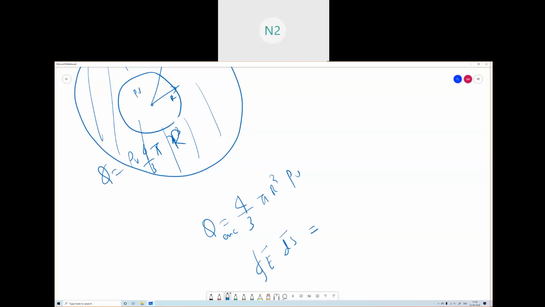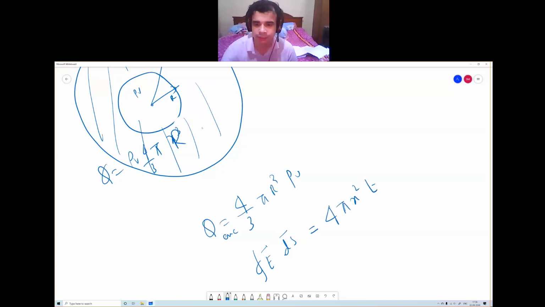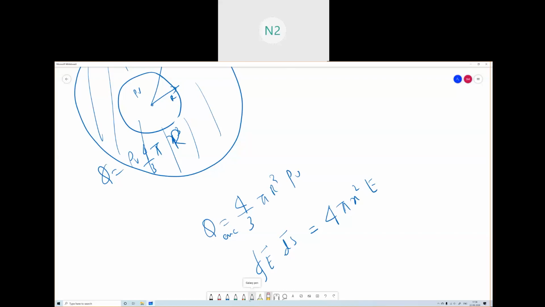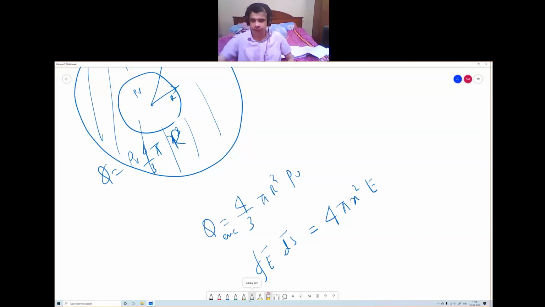E into 4 pi x square. Yes. Can you explain how? This is the correct answer. Here we are considering the sphere of radius x. So the flux would be EDS, this one.